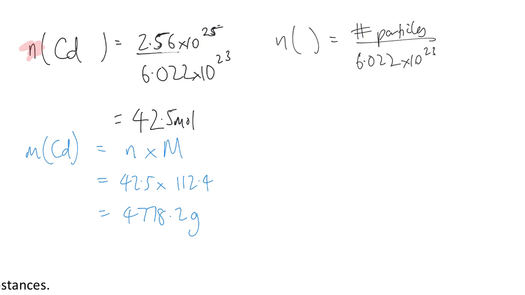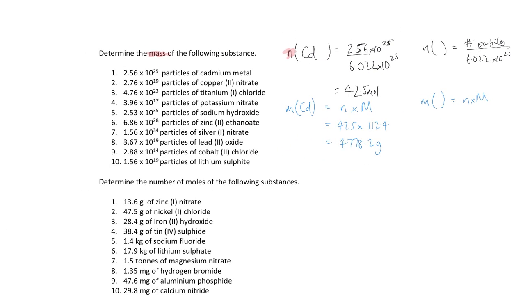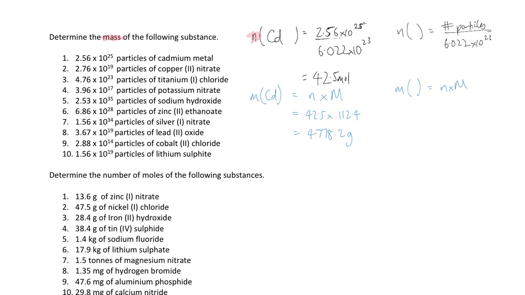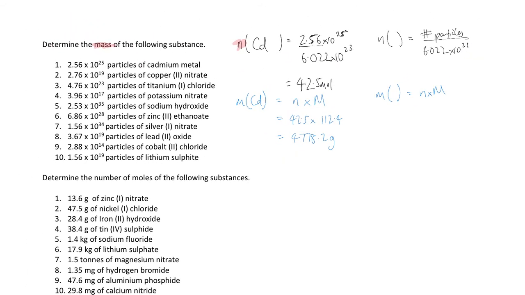And then you rearrange the other equation to get m of whatever is equal to n times M. Then you have to get the big M via its formula again. Okay, so that's how you do that one. Do you want me to go through one more? Or is that one still okay?